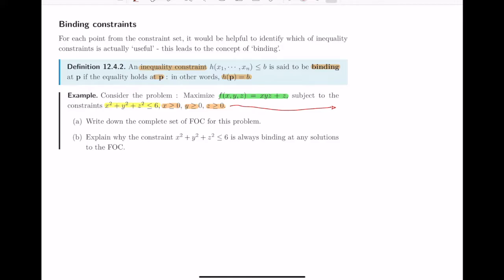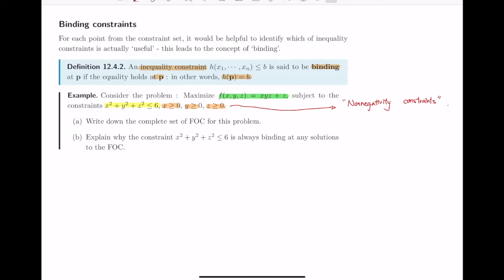The last three, x greater than or equal to 0, y greater than or equal to 0, and z greater than or equal to 0, are usually called non-negativity constraints. They are very commonly used in optimization problems.